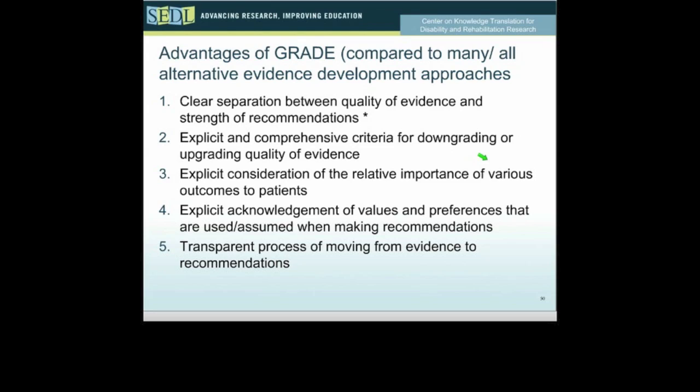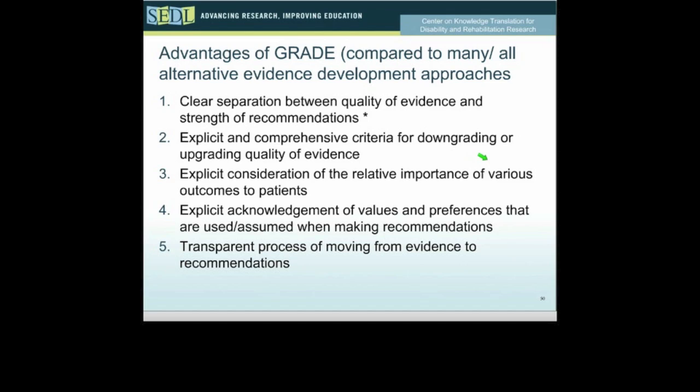Number 4, there is a requirement for a systematic reviewer or guideline developer to be very upfront and explicit about the values and preferences that they have or that they assumed patients to have while making recommendations.